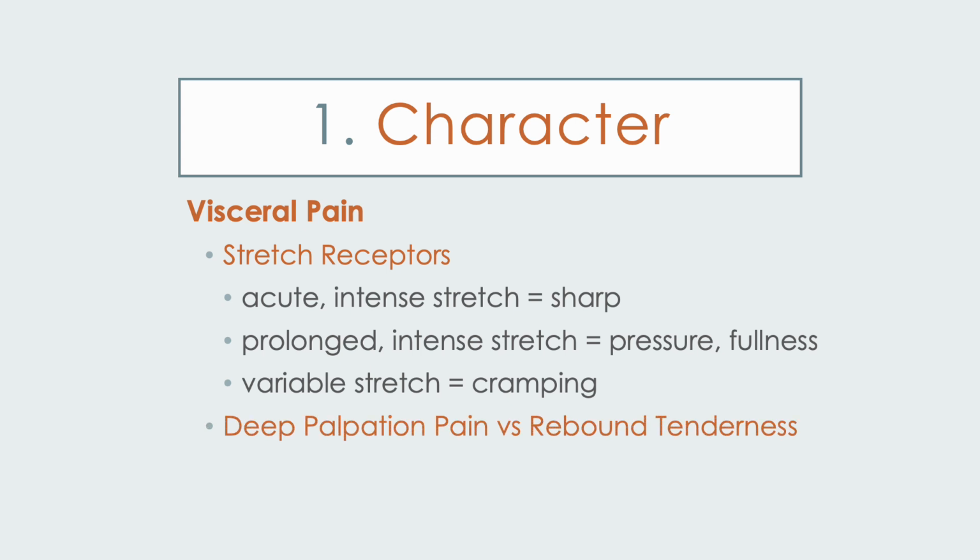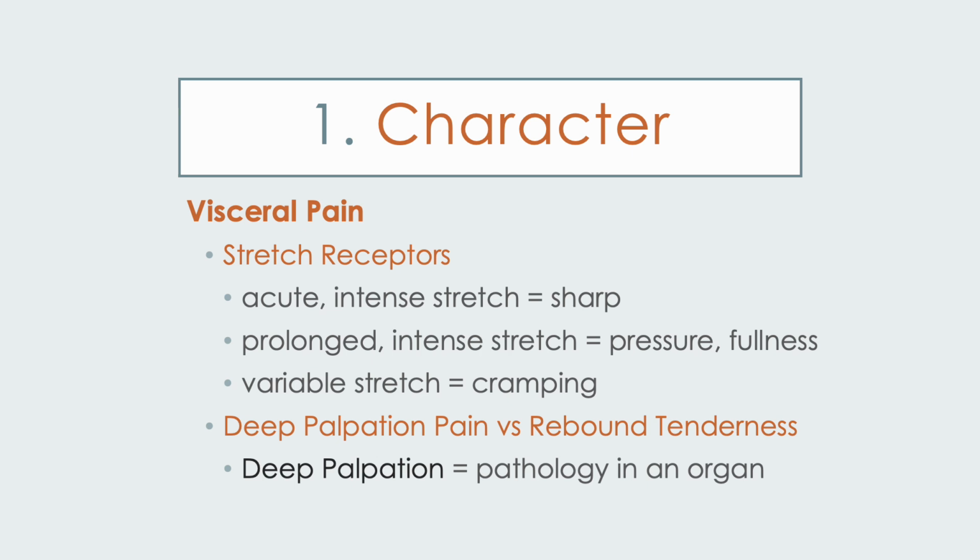What does it indicate when there is an increased pain or pressure with a slow application of deep palpation? A pathology in an organ where the organ is unable to adapt to the application of pressure.